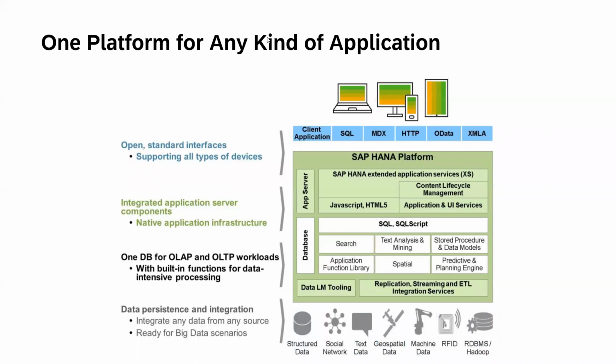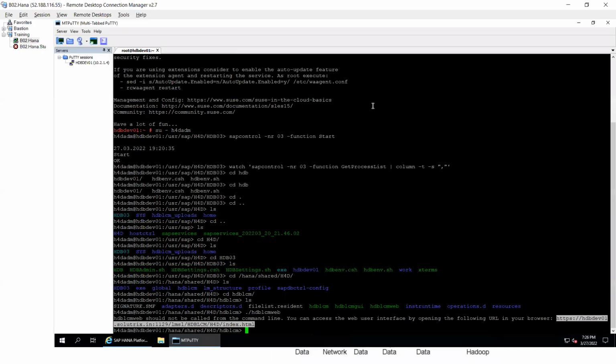Muzaffar, how do we access that extended application services? Extended application services, what are you talking about, this HDB LCM or anything else? Now you showed HDB LCM, right? Yes. And you said the extended application server is one of the platforms for creating this type of application. So how do we access that platform?